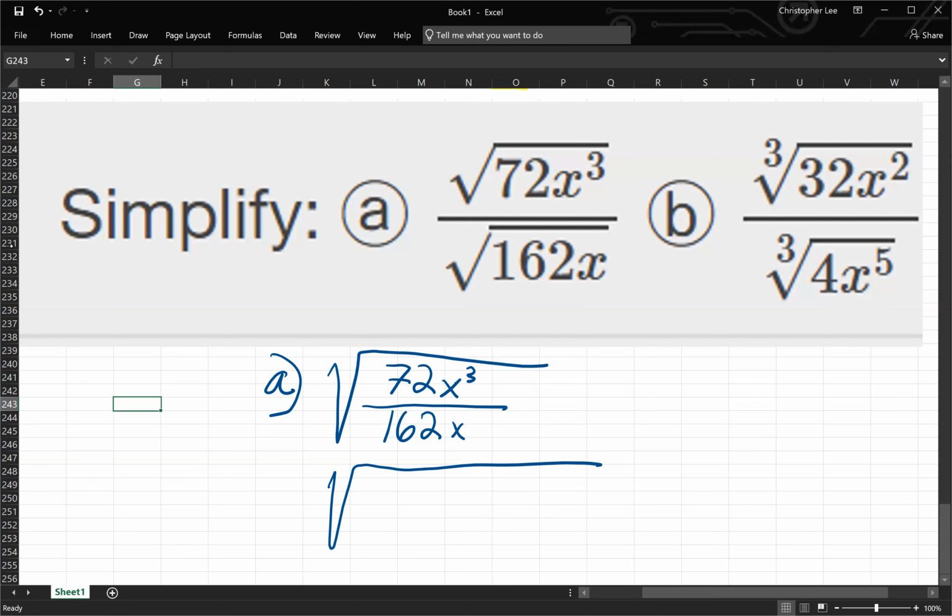So 72 over 162, reduce that, simplify it. What does that become?